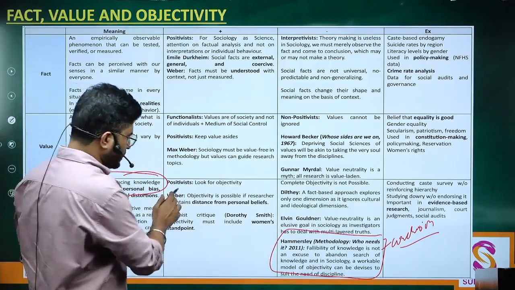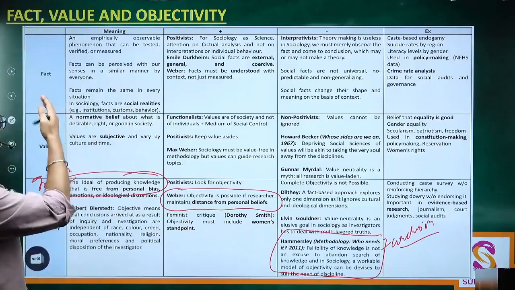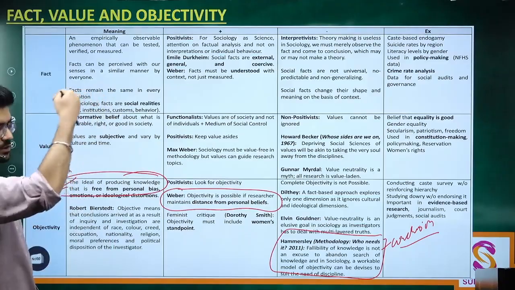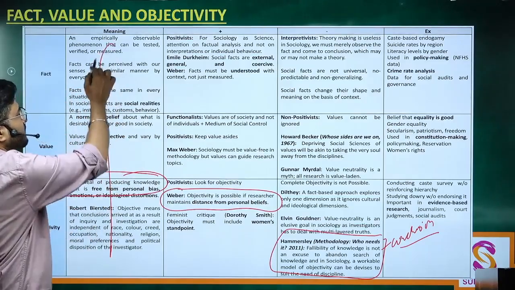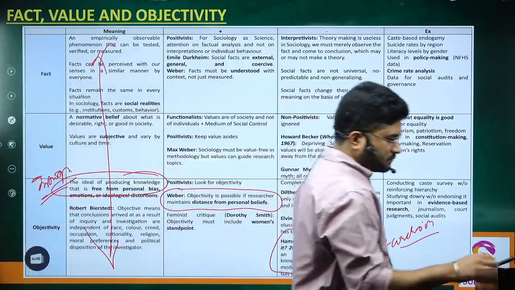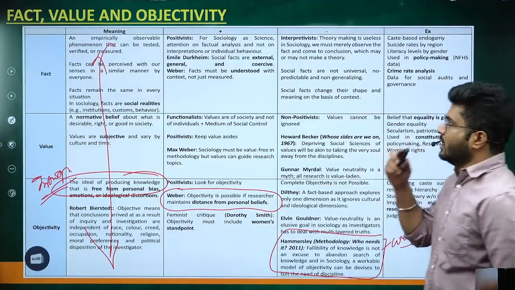You can also write Weber's perspective. Similarly for fact and value, if the relationship between them comes, use this particular meaning column. This is what fact, objectivity and value is all about.